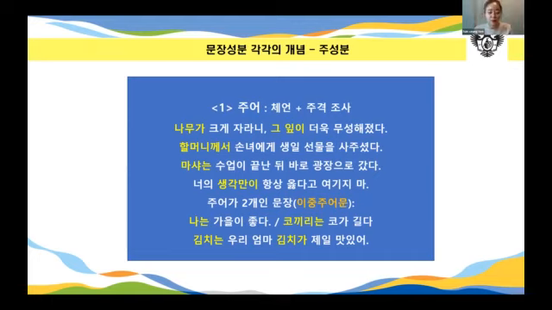Look at the examples. 나는 가을이 좋다. 코끼리는 코가 길다. 김치는 우리 엄마 김치가 제일 맛있어. These sentences look like they have 2 subjects, and this is called a double subject sentence, 이중 주어문.